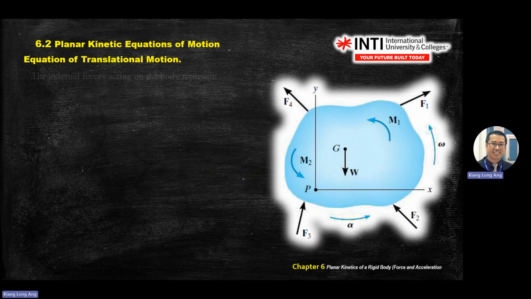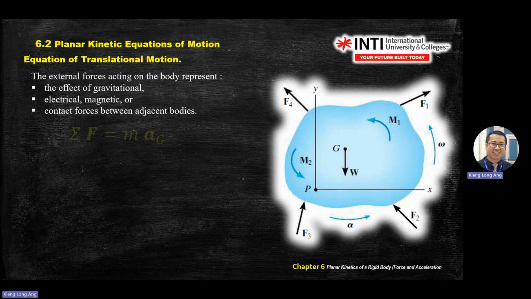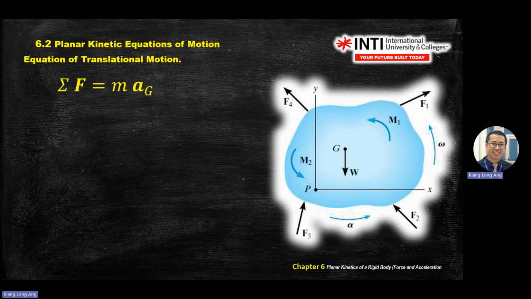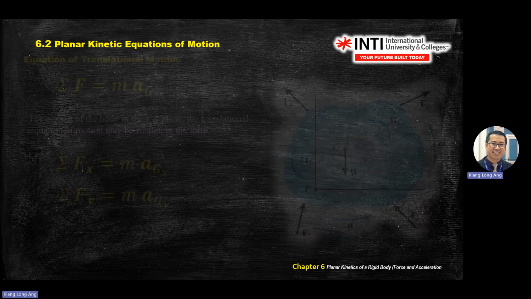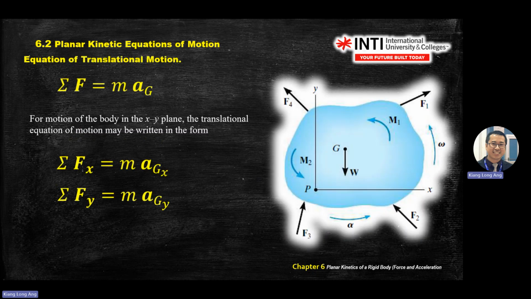At the end, you will be using F equal to MA. The A will be focused on the center of gravity of the objects. And when you focus on the center of gravity, you can switch into x-axis, y-axis, and z-axis if it's a three-dimensional problem.